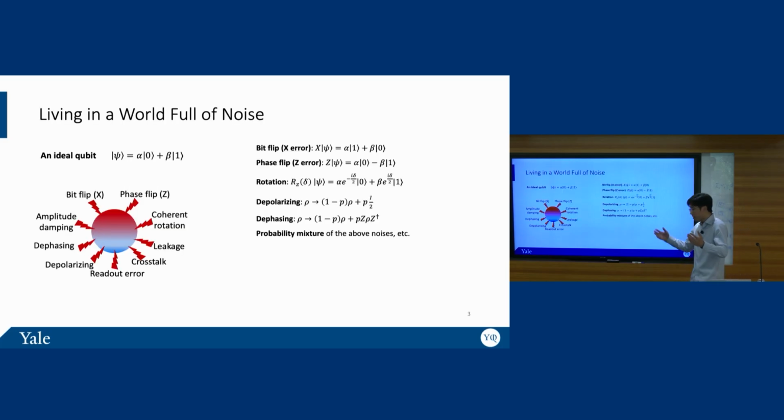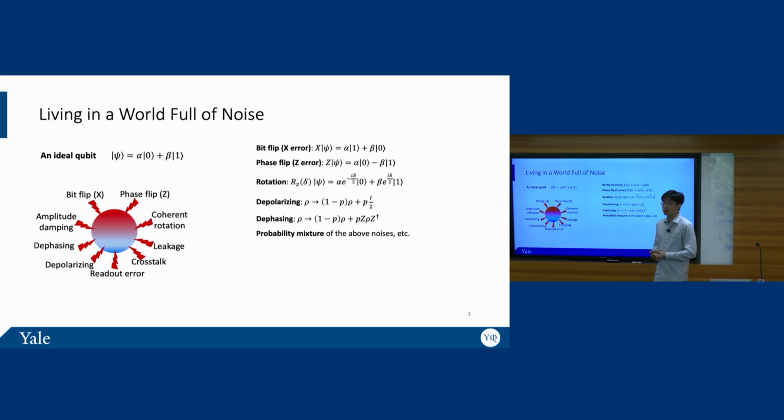So on paper, a qubit is pure, in an ideal superposition state, alpha 0 plus beta 1 for a single qubit. But in the lab, it's a different story. There are so many ways a qubit can go wrong. Qubits decohere, crosstalk, interact with the environment.